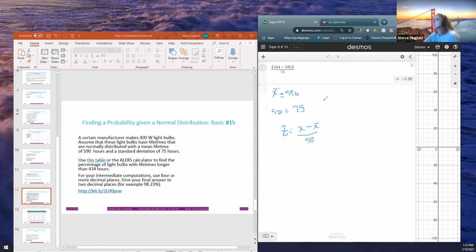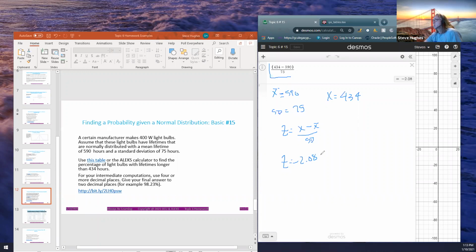So X equals 434. Putting this into my calculator, 434 minus the mean 590, divided by 75, the standard deviation, gives negative 2.08. So Z equals negative 2.08.